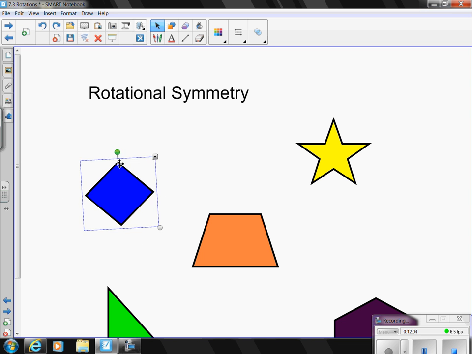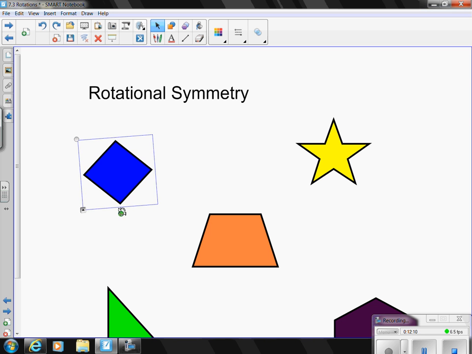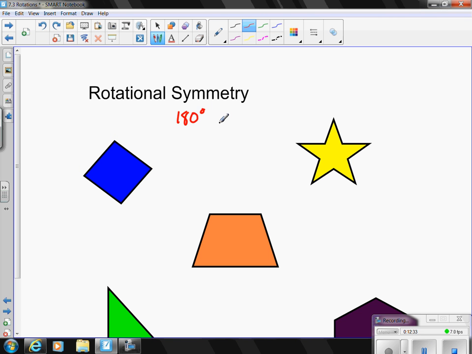So this has 90 degree rotational symmetry and 180 degree rotational symmetry. We don't talk about 360 degree or anything over 180 degree rotation. You just go back. So if it has 90 degree rotation this way, it's got to have 90 degree rotation the other way. So rotational symmetry is for rotations of 180 degrees or less.